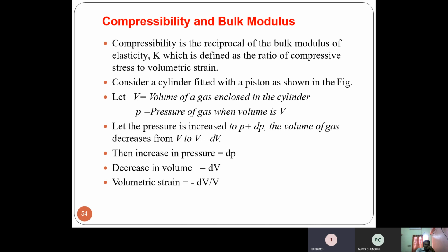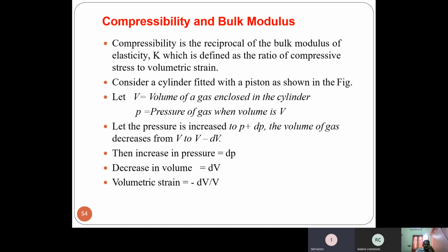But here we are representing the volumetric strain, which is why we consider the terms of volume.